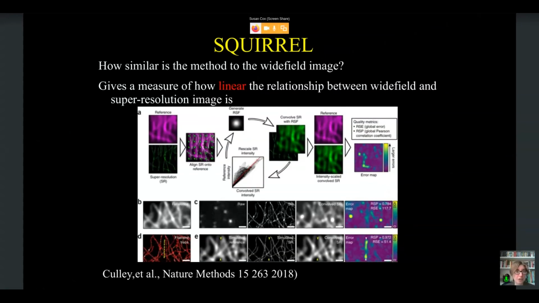So if we look on the top, you can see that what the method does is it takes in a super resolution image and a reference image, it aligns the two, and then it creates a new reference image with the super resolution image, and it asks how similar is what I get out if I convolve the super resolution image with not exactly a point spread function, but something similar, and then I compare to the reference image.